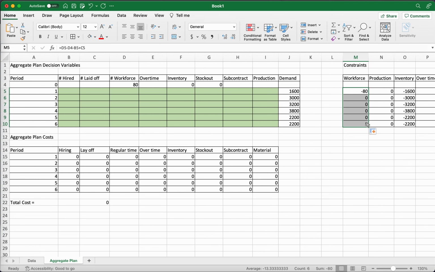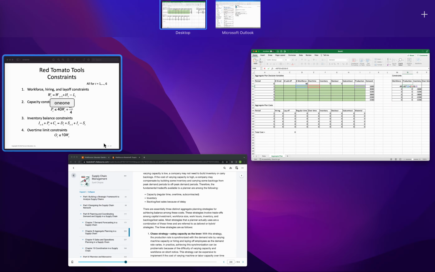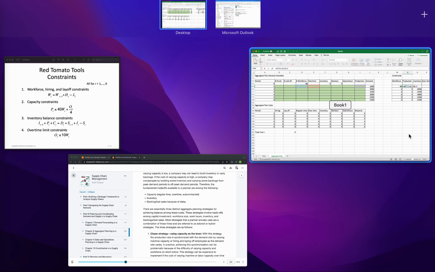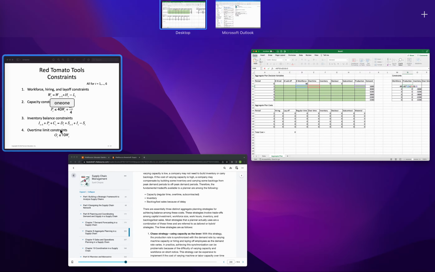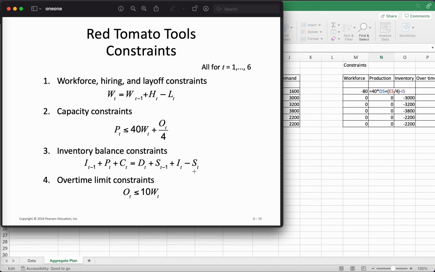Now let's look at the production constraint. Remember that the production constraint is a less than or equal to constraint, right? Actually, I think this is set up as a greater than or equal to constraint. So that's fine. The way the constraint is set up, you have 40 times WT plus OT over 4 minus, if you subtract PT from both sides, so minus PT, and this will be greater than or equal to 0.